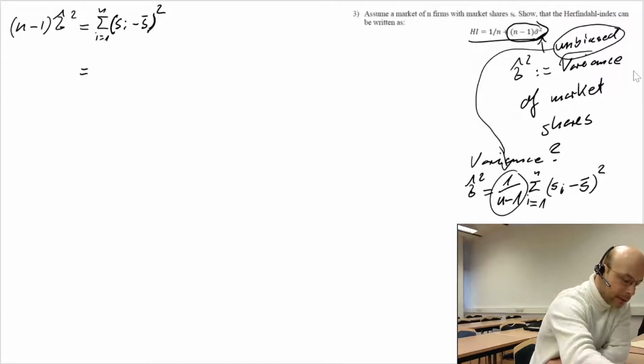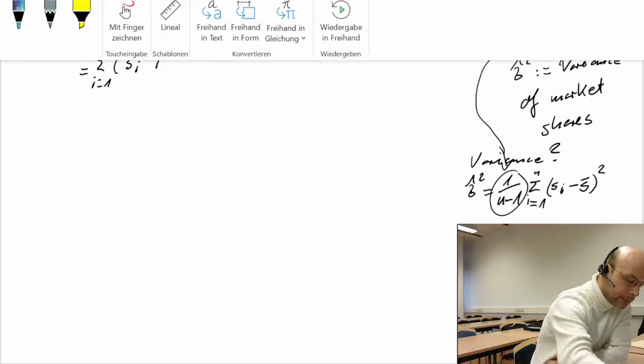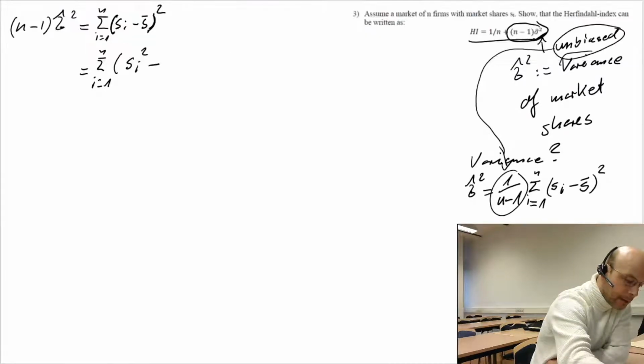So this is the sum, i equals 1 to n, of Si squared minus 2 Si S bar plus S bar squared.